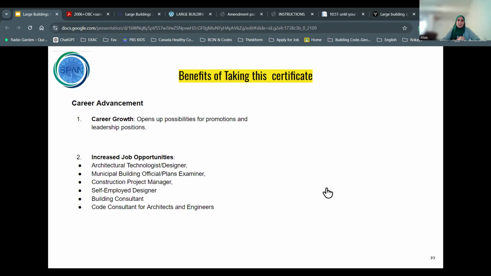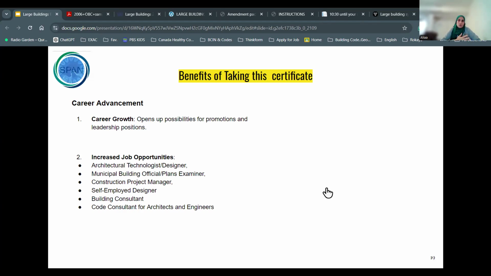After taking my first BCIN exam, it was general and large, general legal, I got hired. Why? I remember my senior architect told me, I will hire you because you know how to search in the OBC and how to talk with the building official and the plan examiner in the city and municipalities.